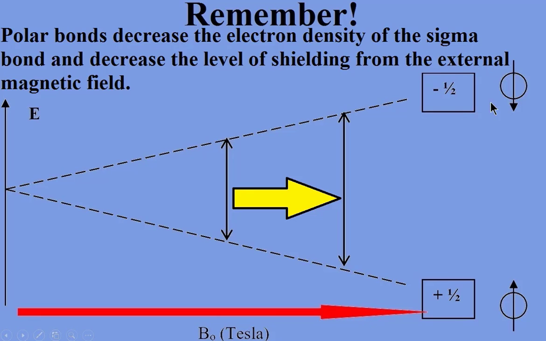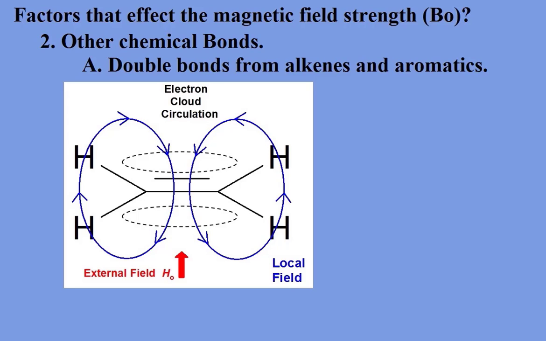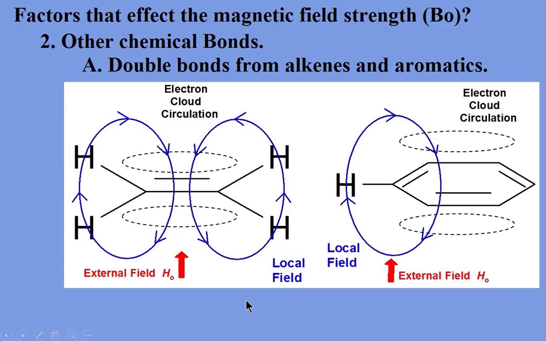We also have an effect from double and triple bonds. If we think about double bonds in an alkene for a second, think about them alongside an aromatic ring with an extended conjugated system around the carbon ring. We look at the magnetic field produced by these pi electrons, and as it hits the hydrogen nucleus, for both the double bond and the aromatic ring, these localized magnetic fields are working with the external magnetic field.